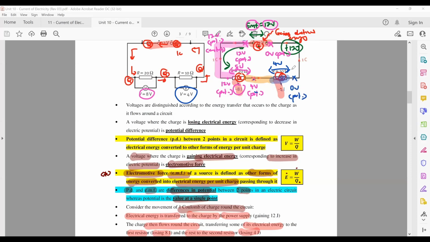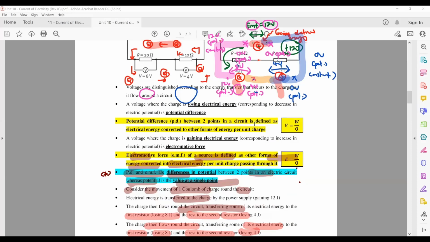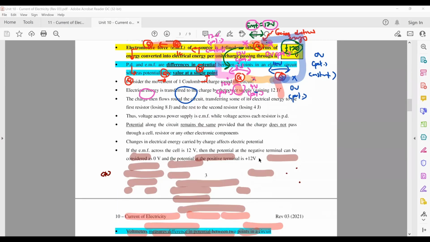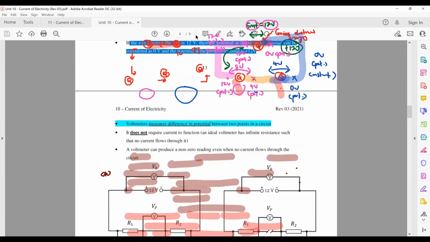From here all the way to here, your charge has a potential of 0 volts, constant. That's what EMF, PD, and potential actually are. The thing I just explained is also explained here. So you move to the next page, page 4.